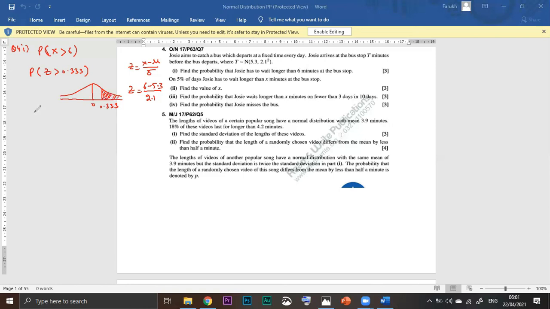With the help of the table, we can only find the area on the left hand side of the positive value. This one is 1 minus phi of 0.333. With the help of the table, we will find the value of 0.333 and find the required probability.